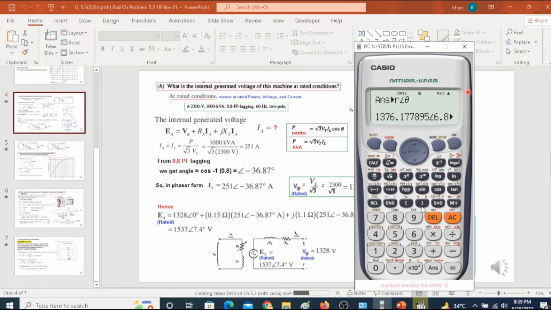Now keep this in mind. I'm just repeating it, let's clarify our concepts. A couple of things for the Y connection. The phase voltage is not the same as the line voltage, they are different, but the phase current is the same as the line current.